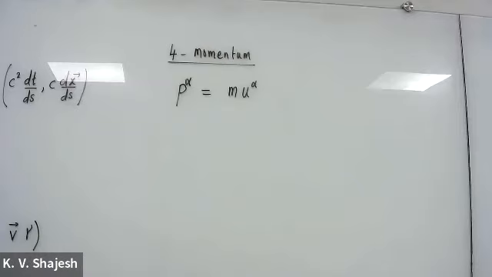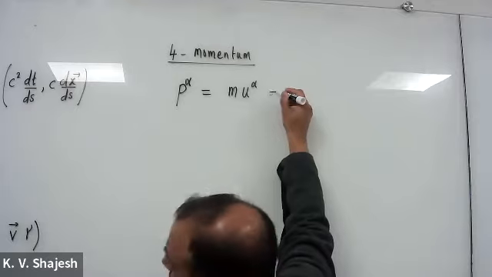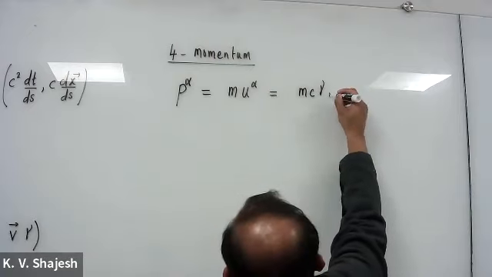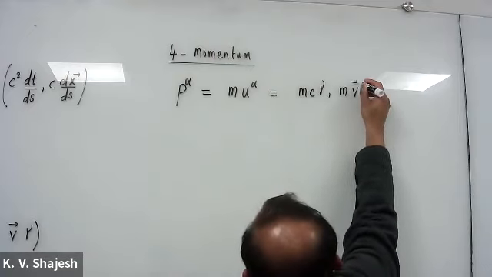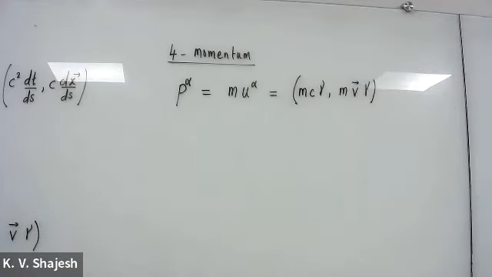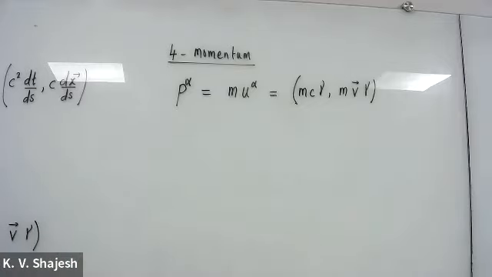That's just multiplying the U alpha with the mass. So clearly we have what this means: this is M C gamma and M V gamma. Now here is the change. Until now, whatever we have done, there is velocity that has been defined, position, time, and velocity. We have not tried to change the definition of any of these quantities. It's just some combinations we have in mind.